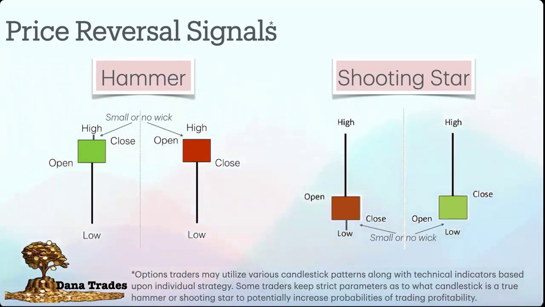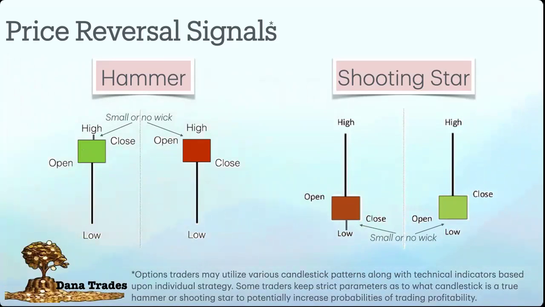Visually, you can spot these three characteristics: the little to no wick at the top, a small body within the upper 1/3 range, and a long wick at the bottom. Pause and think about why these characteristics may signify an increase in a stock's price. We previously discussed that a wick at the bottom suggests that the stock's price decreased but was unable to maintain that lowest price at the time frame's close.